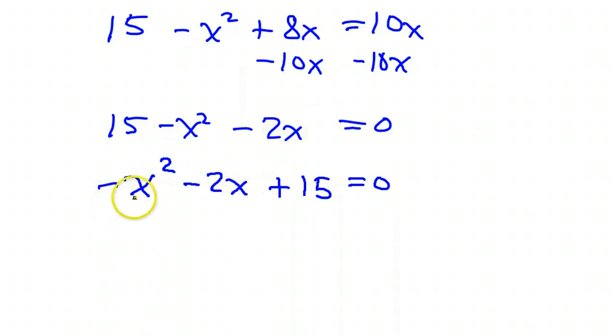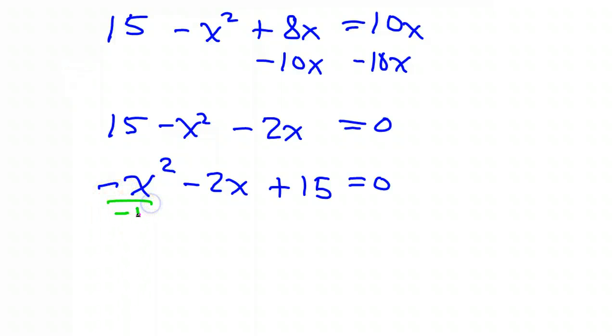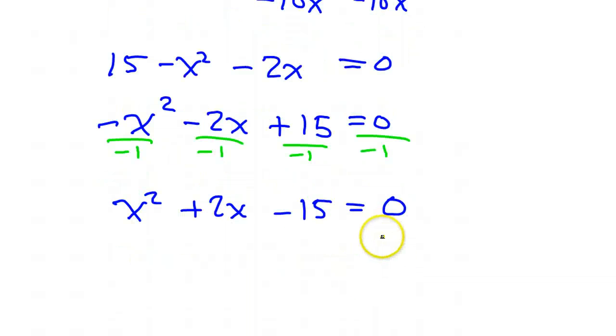Okay? Now, I can't factor it while it has this negative leading coefficient. So, let's divide everything by negative 1. And change all the signs. So that will make this x squared plus 2x minus 15 is equal to 0.